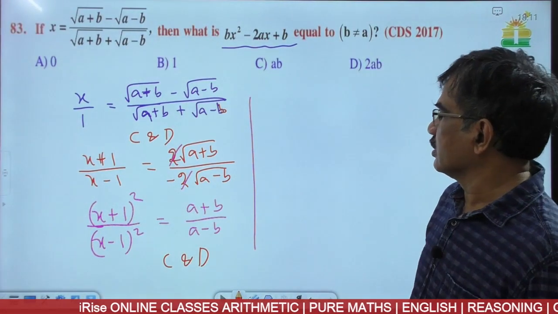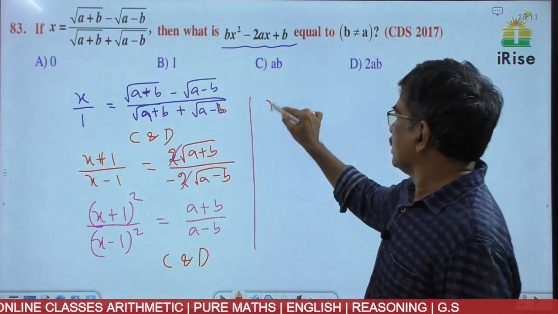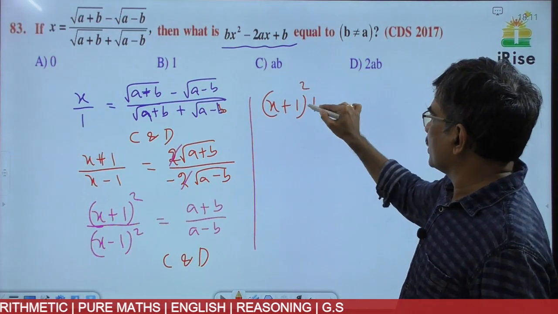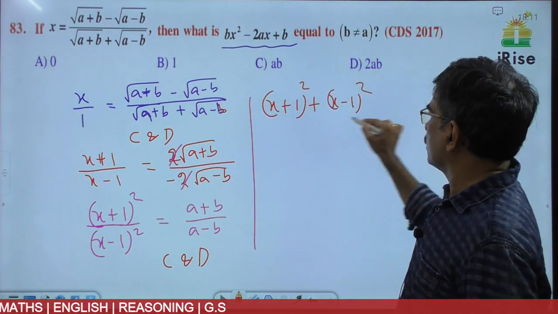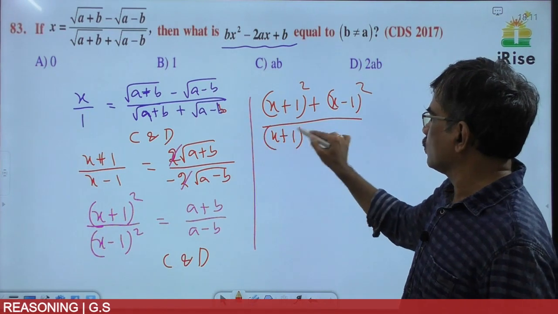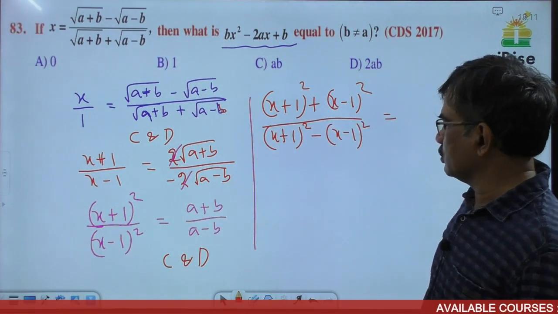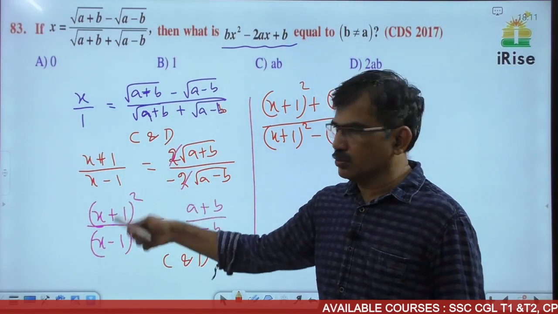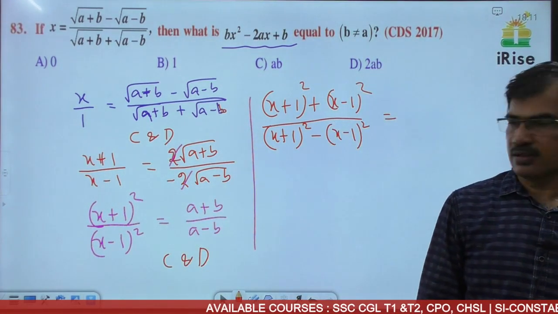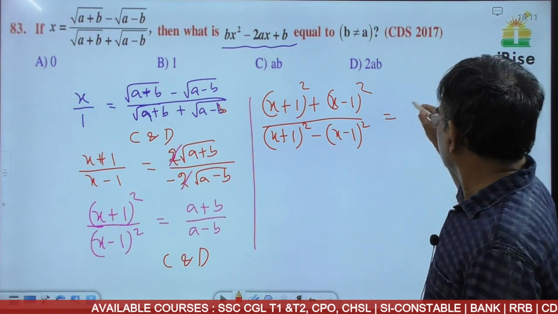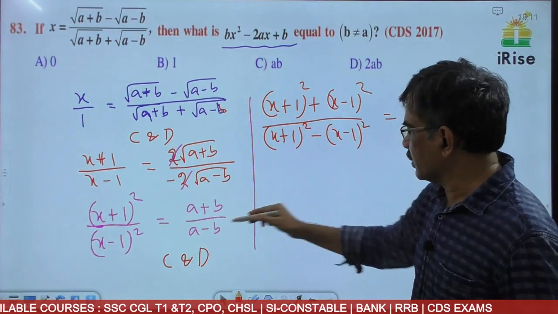Then what we get here? x plus 1 whole square plus x minus 1 whole square by x plus 1 whole square minus x minus 1 whole square is equal to sum of these two, difference of these two, in the denominator.